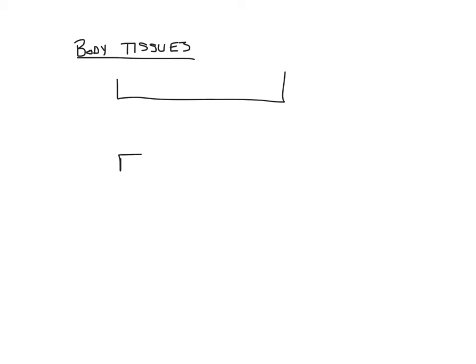So if we're looking at tissues here, this is the body tissues. And in the cells, so the cells will do it with black. Okay, so we've got cell respiration taking place.